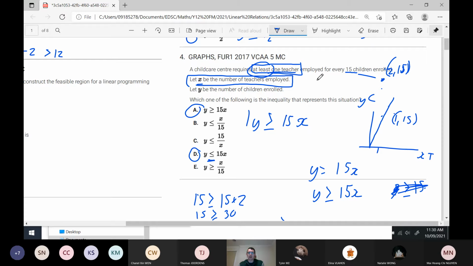So I could rewrite this this way: for every 15 children enrolled, at least 1 teacher is employed.